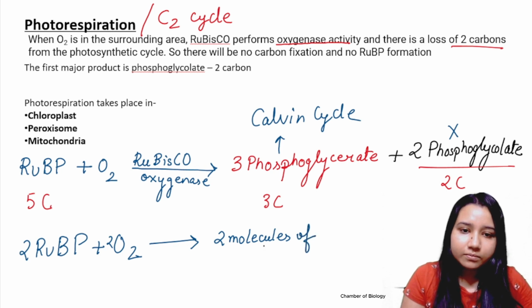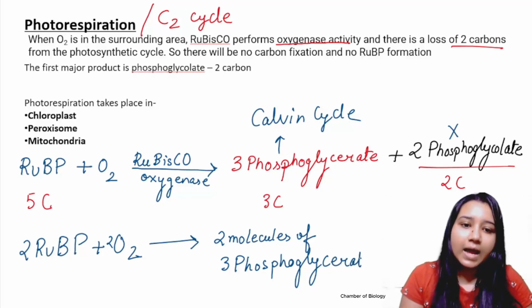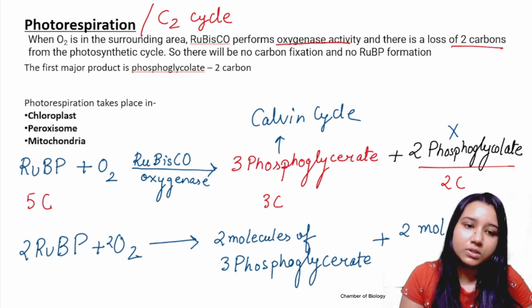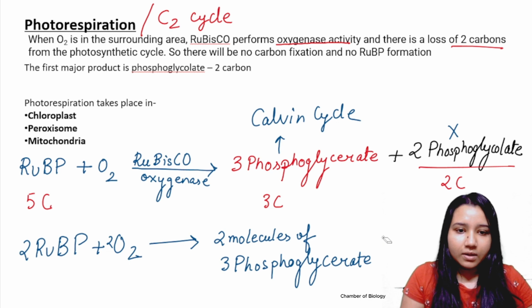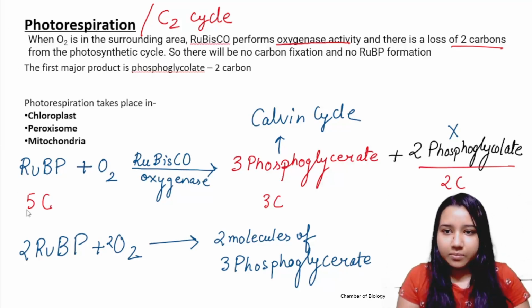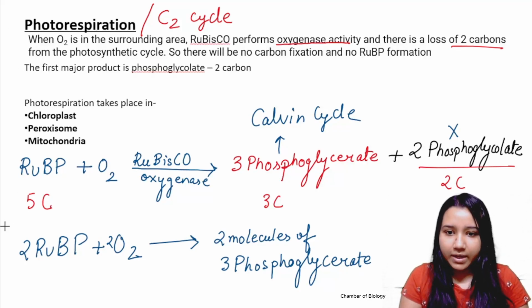of 3-phosphoglycerate, and we can also see there are going to be 2 molecules of, okay, I hope all of you can see this. Just a second, let me see what can be done.